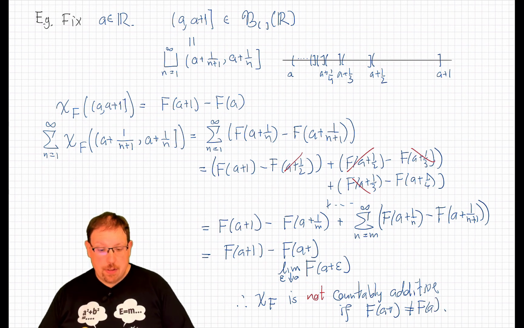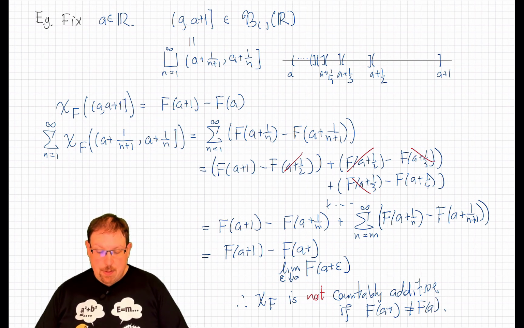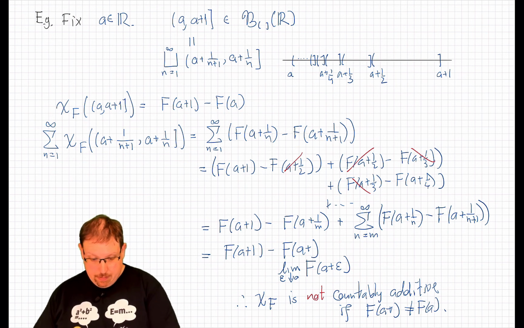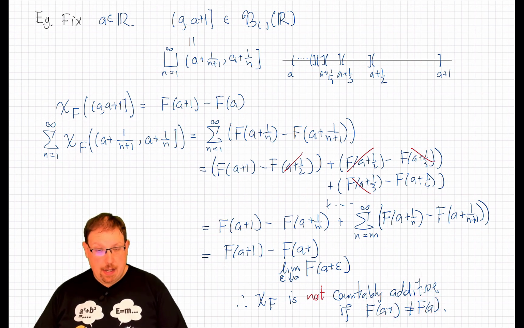In other words, our function has to be right continuous everywhere to have any chance of this finitely additive measure actually being a premeasure. And notice, by the way, that since f is increasing, f at a plus is always bigger than or equal to f at a.